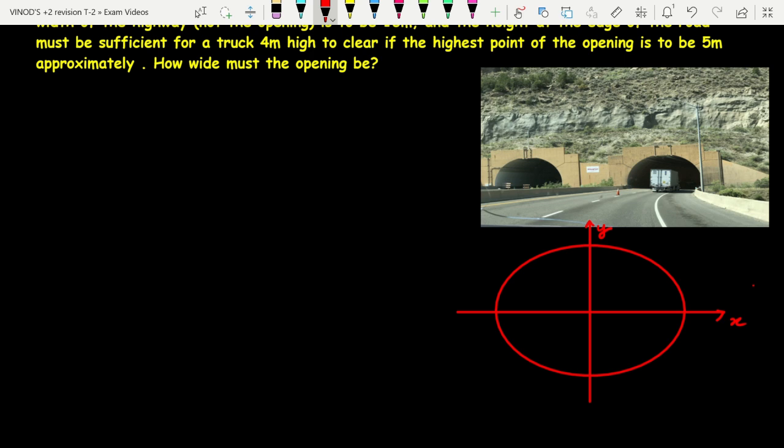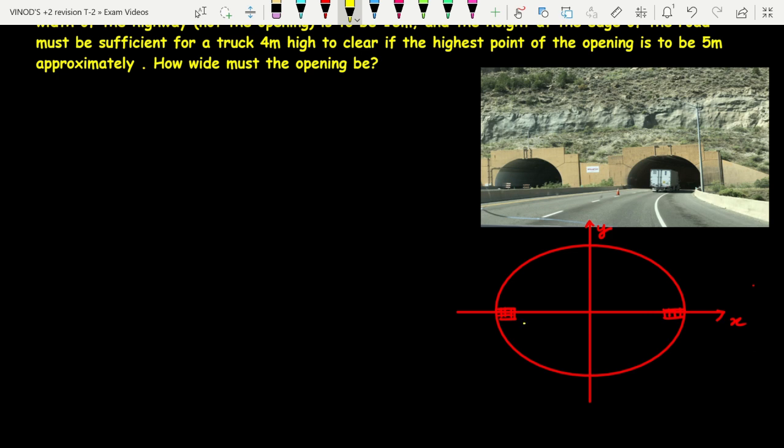Okay. What is given? The width of the tunnel. This is 16 meters. Not the opening. So this portion is not considered. This portion is not considered. Similarly, on the left side also, this portion is not considered. So 16 meters is width of the tunnel.